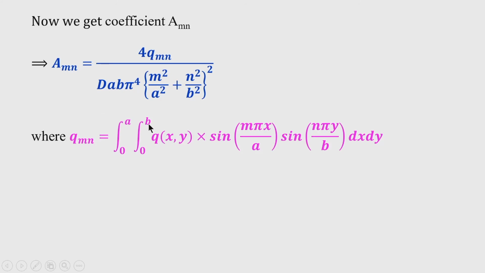After knowing A m n, you can find the deflected surface. So, from the deflected surface or deflection function, you can go further to find out the slope, bending moment, shearing force, shear, corner reaction, everything you can find after finding the deflected surface.